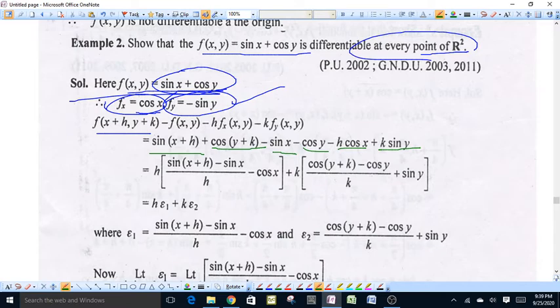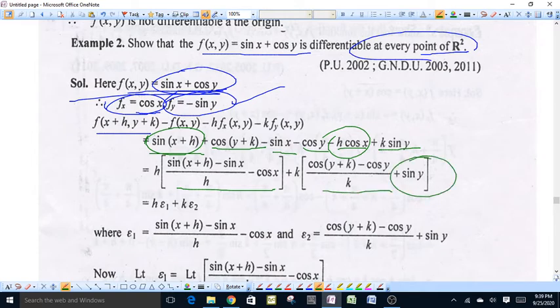can write it as, taking common h from the terms sin(x+h) minus sin x minus h cos x, we have h times (sin(x+h) minus sin x upon h minus cos x) plus k times (cos(y+k) minus cos y upon k plus sin y).